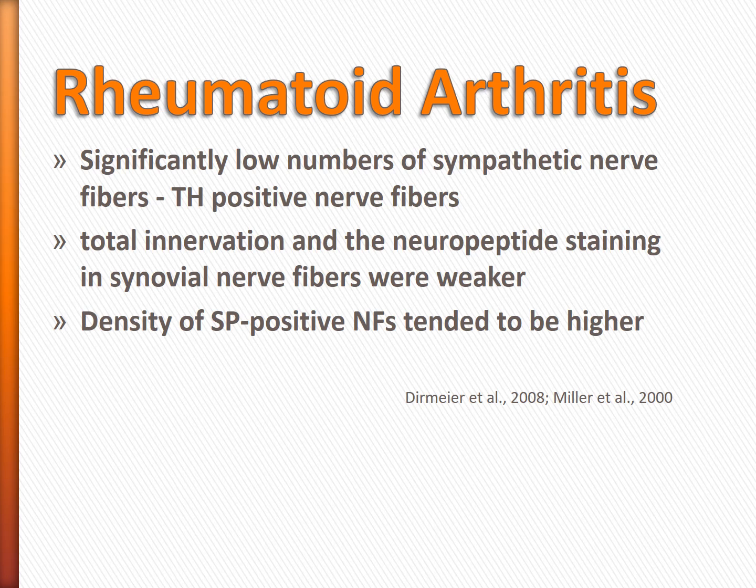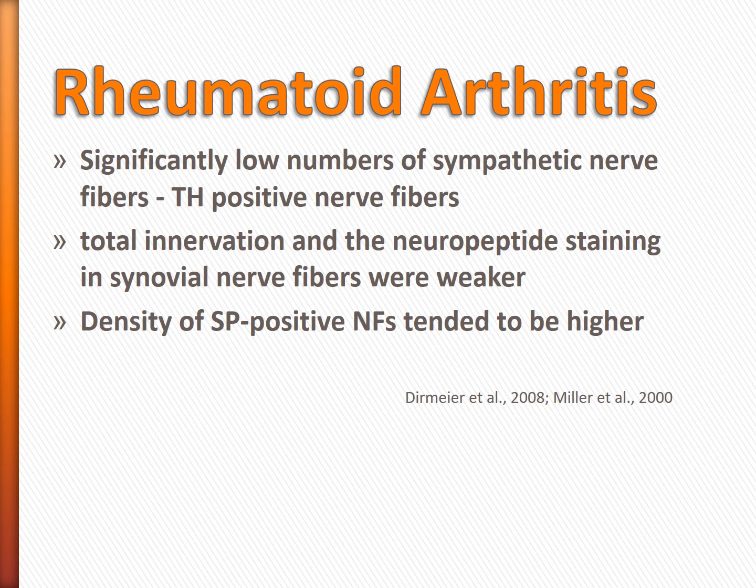Do you remember the function of those? Causing blood vessel constriction. They are inflammation-regulating nerve fibers. Also, the innervation of the neuropeptide-signaling synovial nerve fibers, also inflammation-regulating fibers, is weaker.